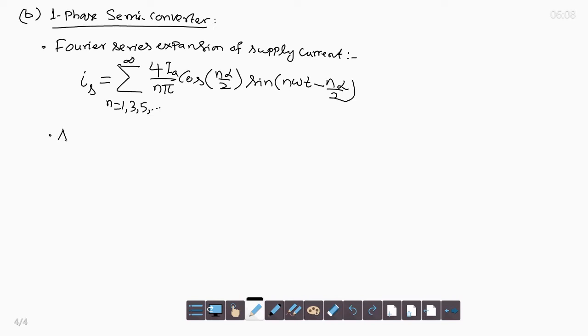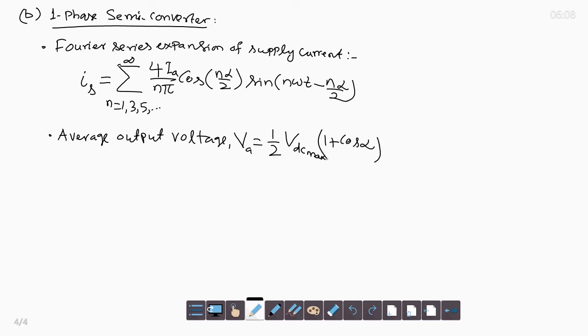Also, the average output voltage VA is half of VDC max into 1 plus cos alpha, where alpha is the firing delay angle. So what is the RMS supply current? You can consider the waveform which you have drawn in the first slide. The RMS supply current is IA into root of pi minus alpha divided by pi. So with this, what is the RMS fundamental current?